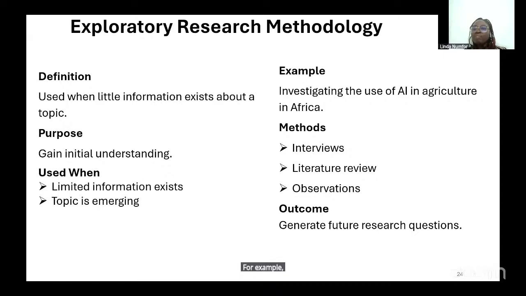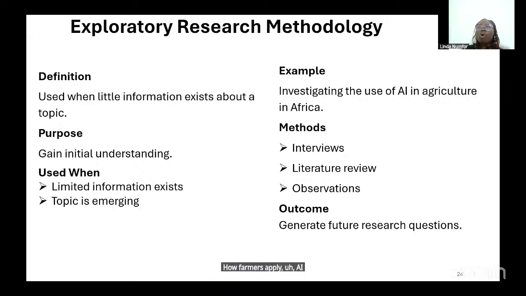For example, investigating the use of AI in agriculture in Africa. So you can use different methods like interviews, you can do a literature review, and then you can do observations. How do farmers apply AI?